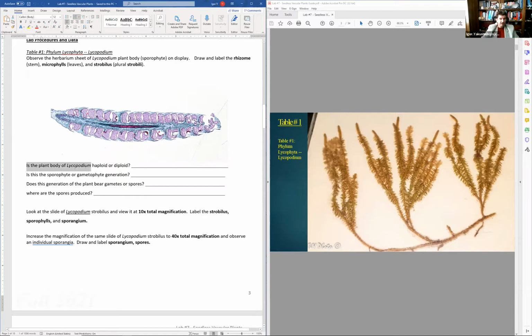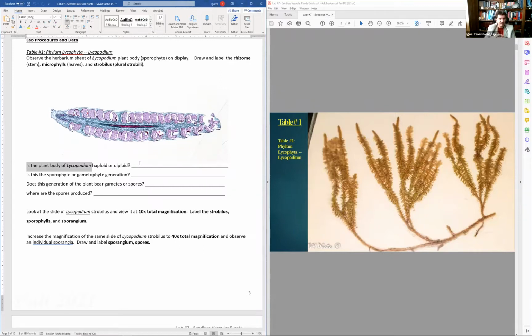So the plant body of the Lycopodium, that's a Lycopodium right here, haploid or diploid? You see it with your naked eye, therefore it will be a sporophyte. It's a diploid, which is the next question. If it's diploid, it's the sporophyte generation.